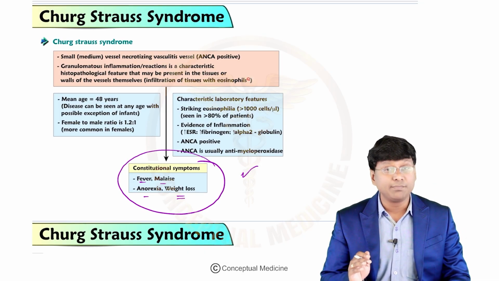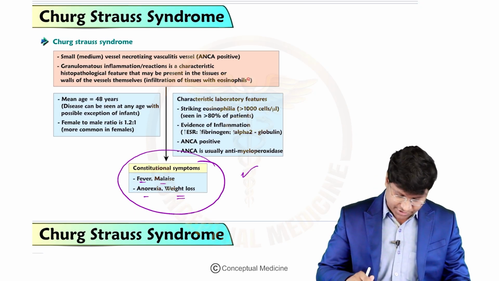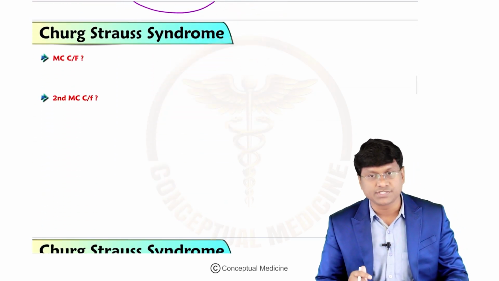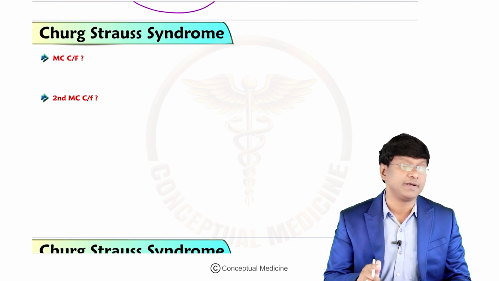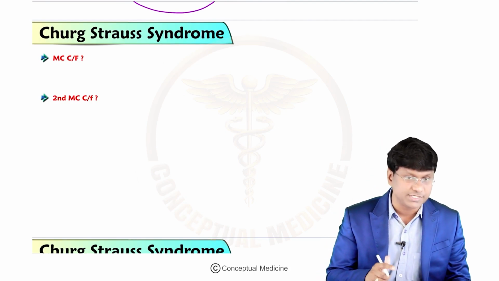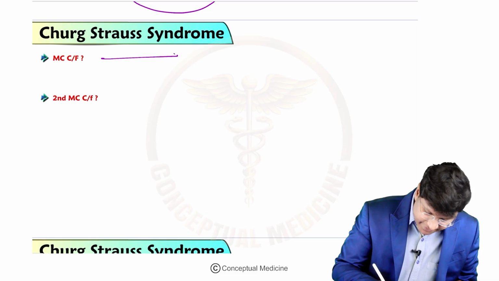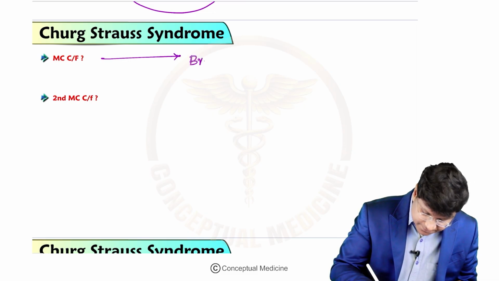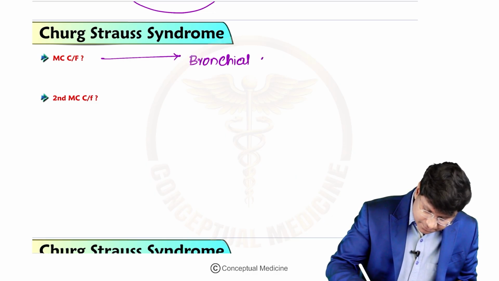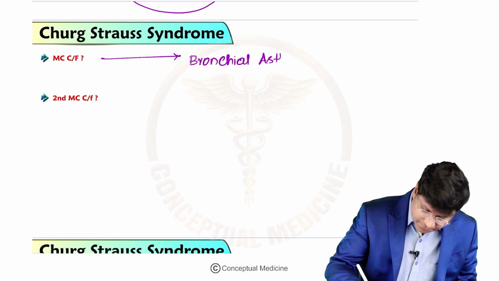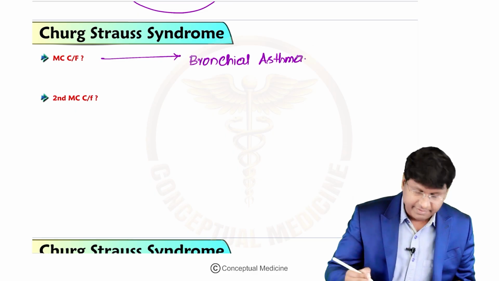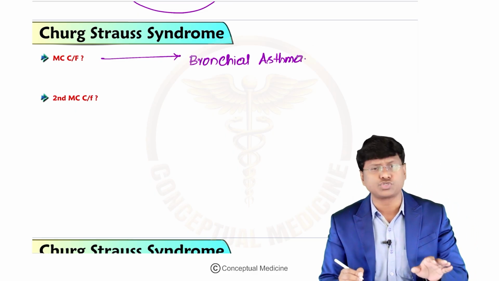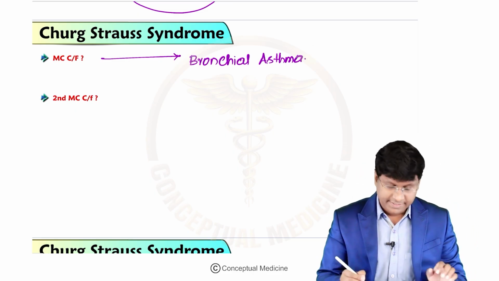Now, what is the most common clinical manifestation in Churg-Strauss syndrome? It is the development of bronchial asthma. That is the most common manifestation.